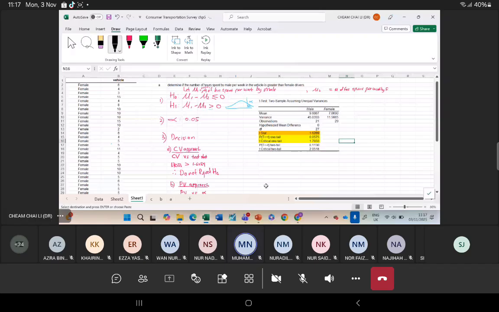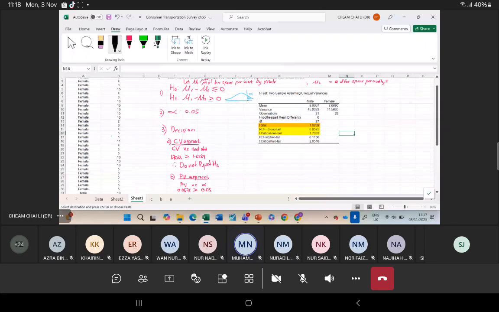Your critical value at this point is 1.7033. And your test statistic is 1.6289.